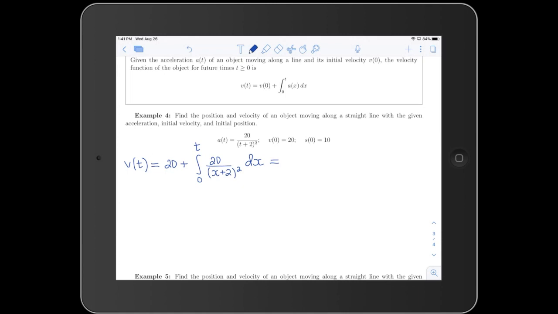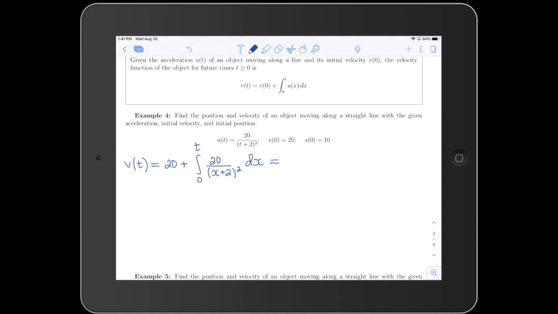Okay. So how would you integrate this? Now you take a look at it and you say, I have 20 over stuff, but it's no longer linear. So this is not a problem where we should say, oh, this is just natural log. Okay. That expression in the denominator is raised to the second degree. Okay, second power. So this is not natural log.